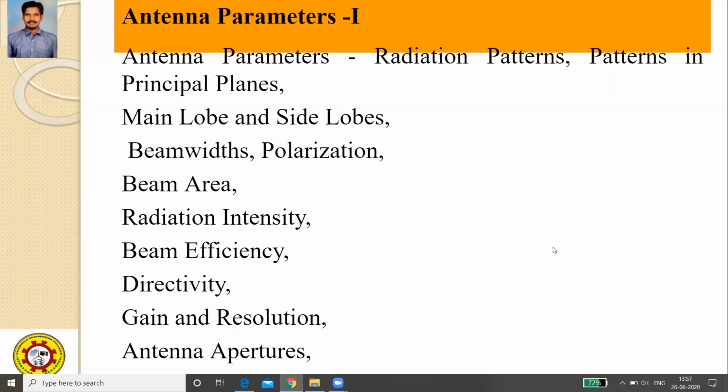These parameters are known as the fundamental, popular, basic definitions regarding antenna parameters or functions. Let us discuss them one by one.